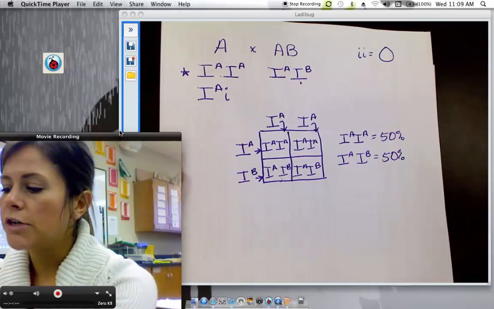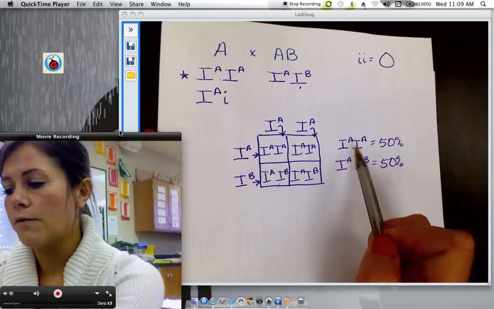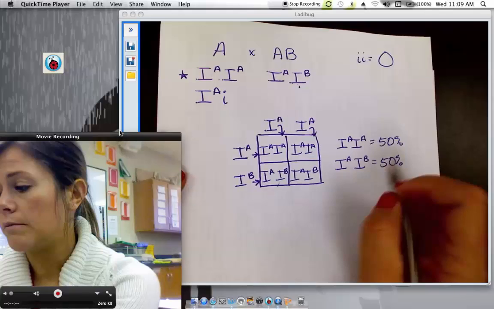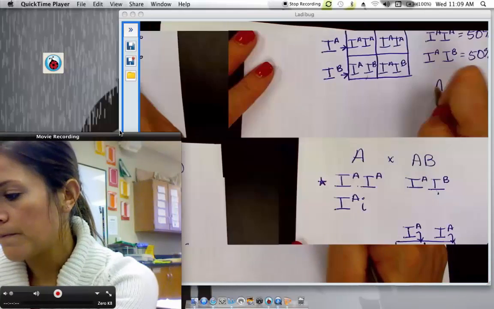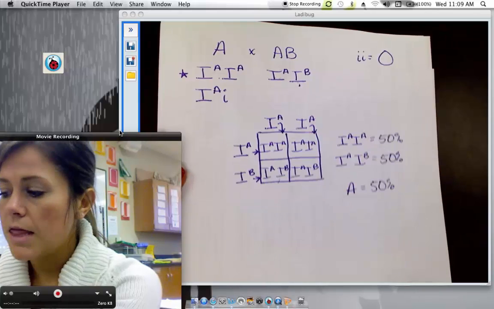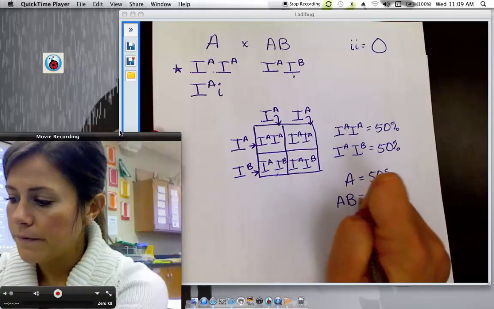So that's our genotype. So then what we have to say is, what's the phenotype? Well, we know if we have 2 A's, that 50% of our people are going to be the A phenotype. And then another 50% will be the AB phenotype.